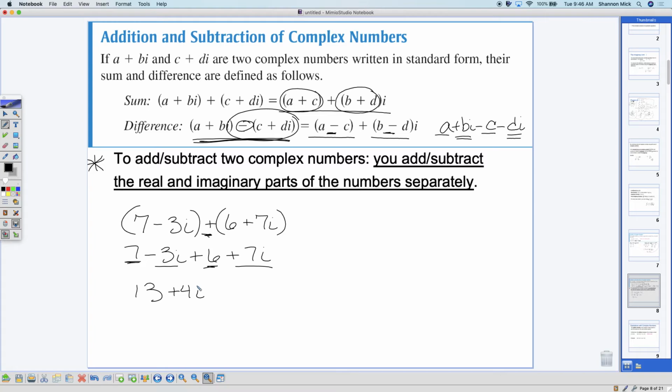Okay, so I have 6 minus 4i minus 5i minus 4i. What do I need to do before I do anything here? Distribute the negative. So I have 6 minus 4i minus 5i plus 4i.